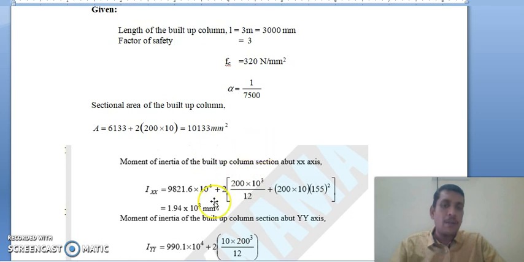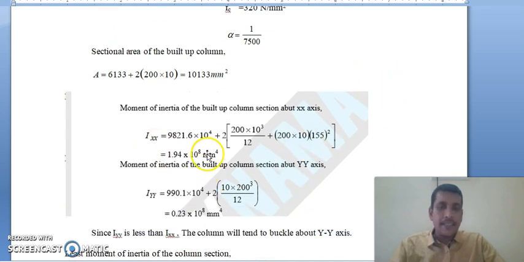Since at the bottom one plate, at the top one plate, so substituting 2 here, thickness 10, 10 cube divided by 12, plus 200 into 10, that is the area, into 155 square, that is from the neutral axis to the top plate central axis, that's 155. So the value of Ixx is calculated 1.94 into 10 to the power of 8 mm power 4.